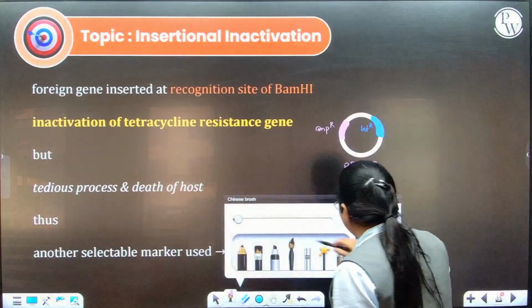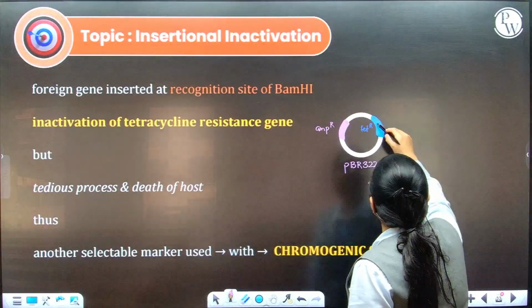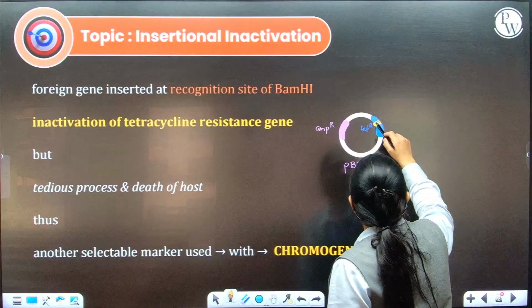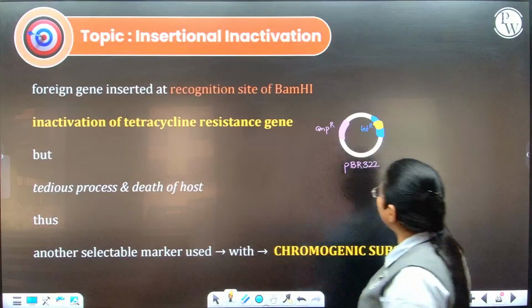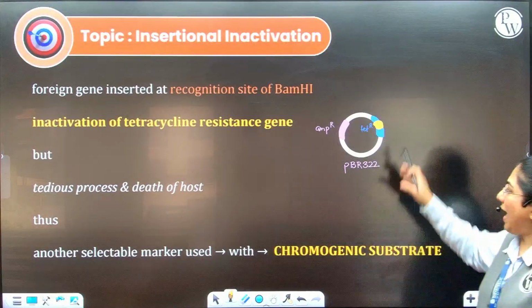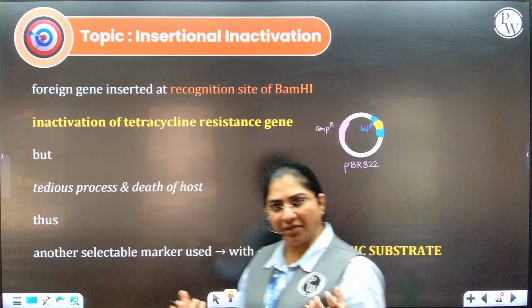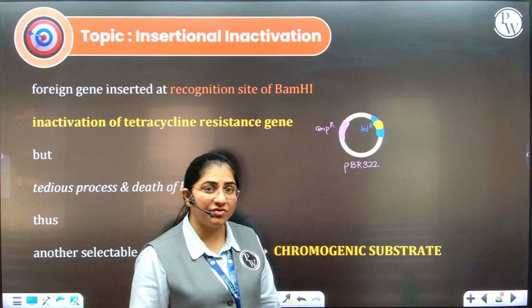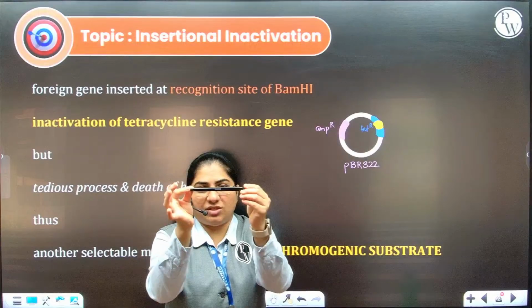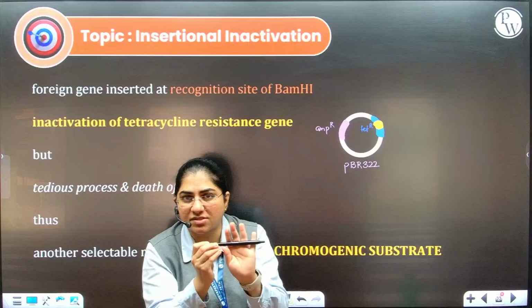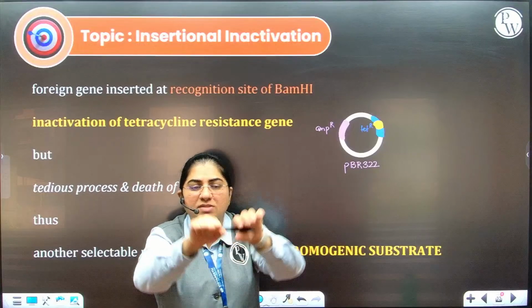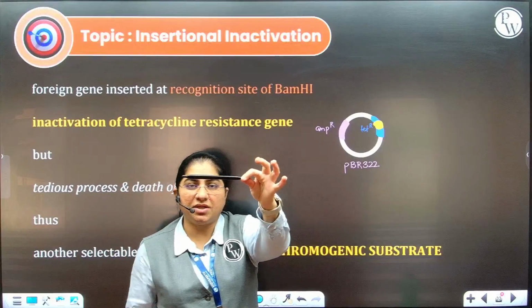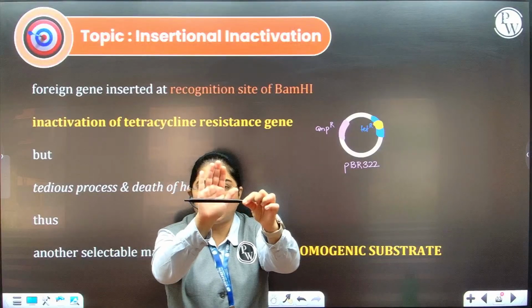Now, when I am introducing my gene of interest in this region, I am kind of breaking the tetracycline resistant gene and inserting my gene of interest. If this is the gene which is providing tetracycline resistance, I am cutting it into two parts and introducing, say my hand is the gene of interest. This was originally the tetracycline resistant gene which was providing tetracycline resistance.